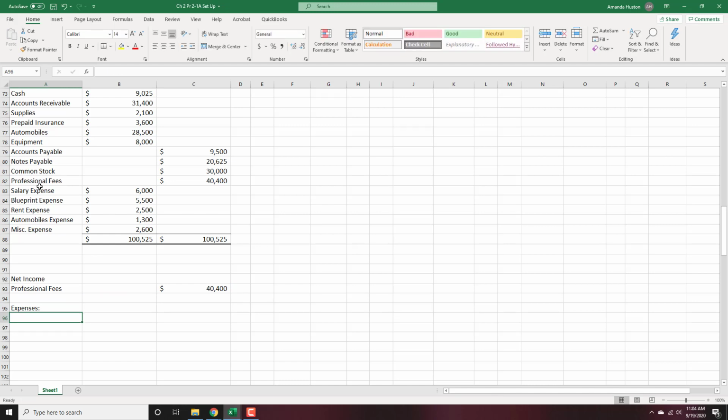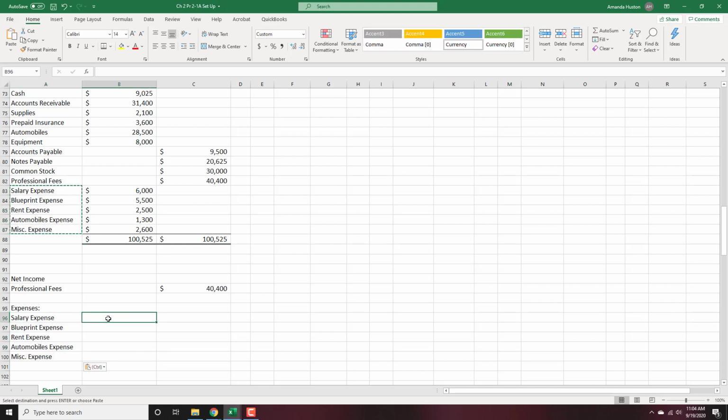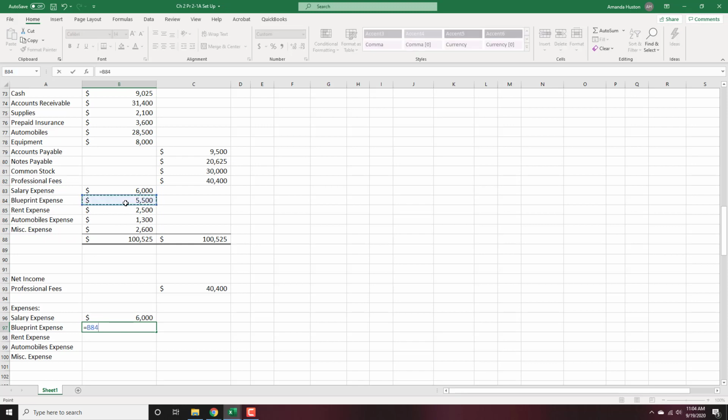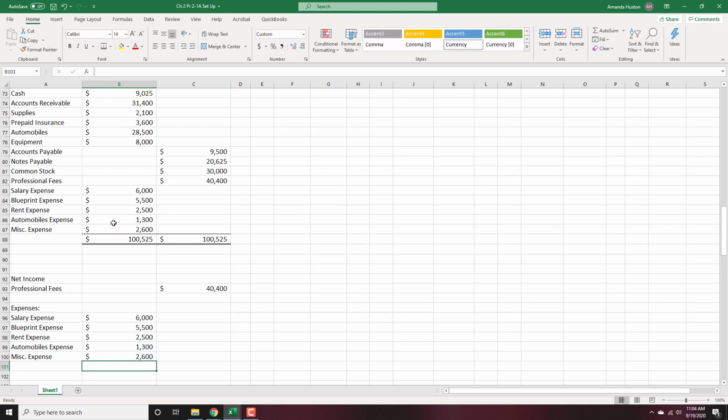I'm just going to copy all these expenses to save myself from typing. And then I'm going to copy all these numbers from the unadjusted trial balance. And I'm going to add up total expenses.